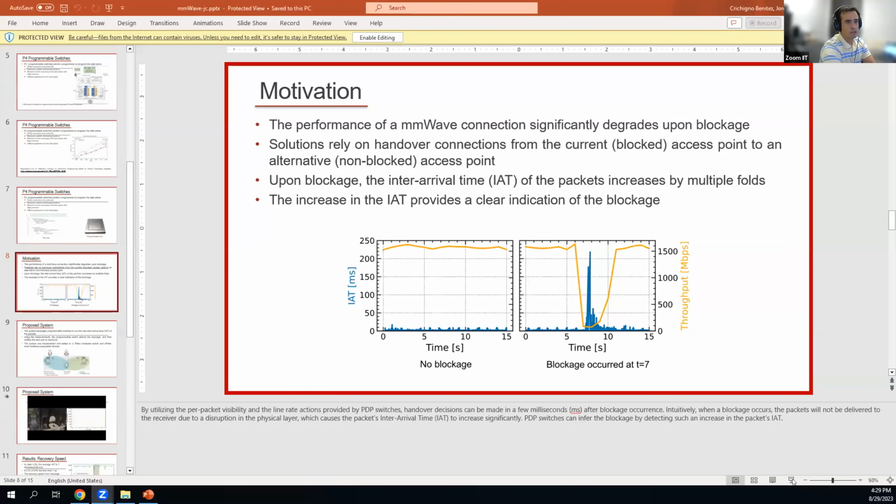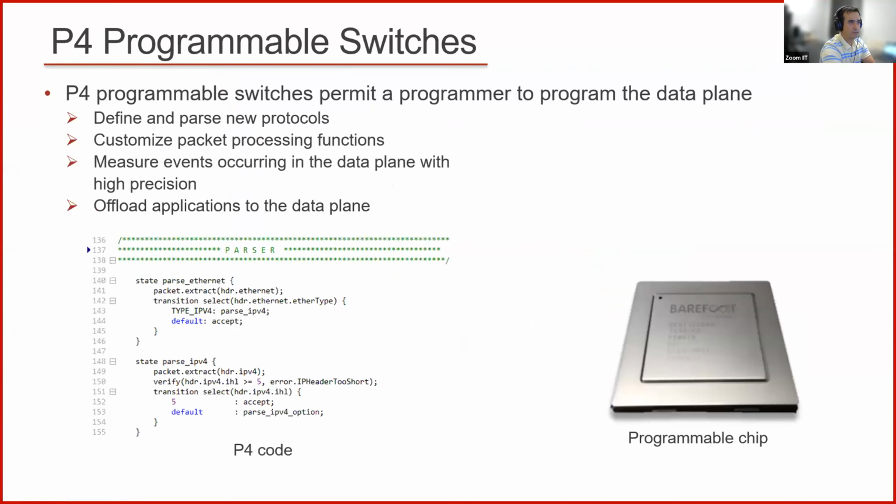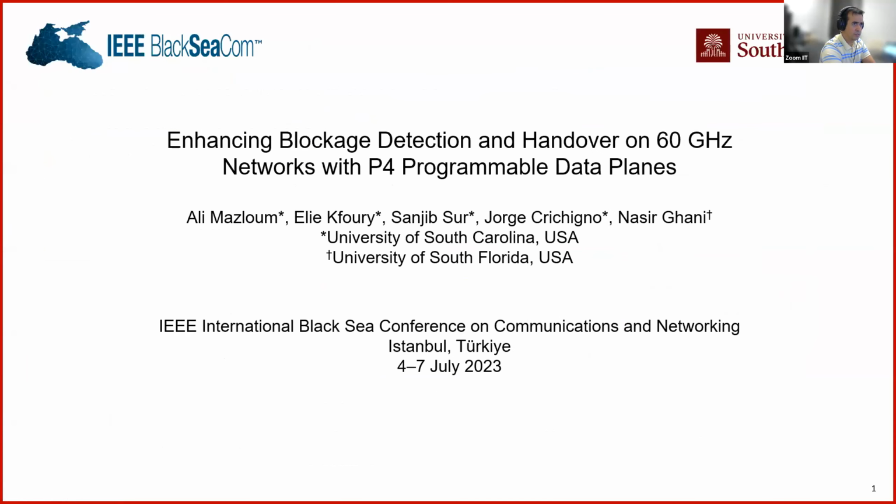Okay. So Italo, one application that we did recently in packet inter-arrival times, I will go to the title. This has been published very recently. It is the detection of blockage in millimeter wave networks.